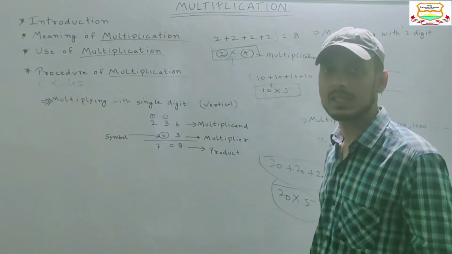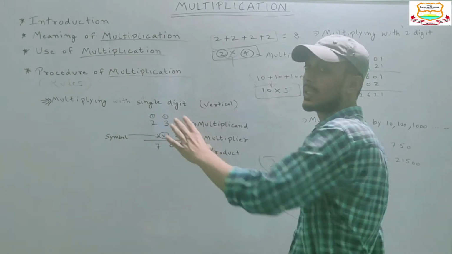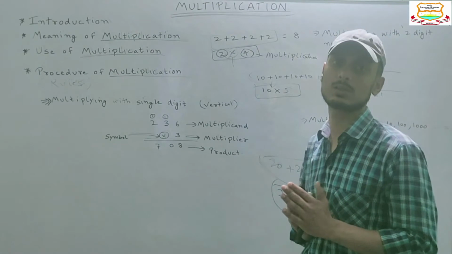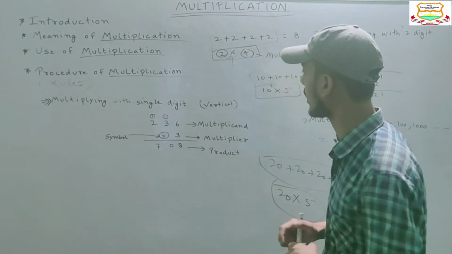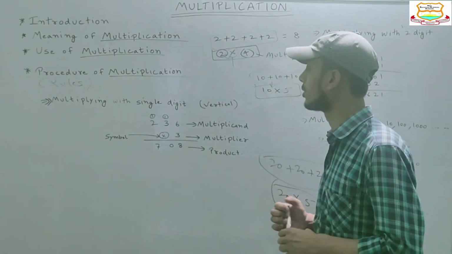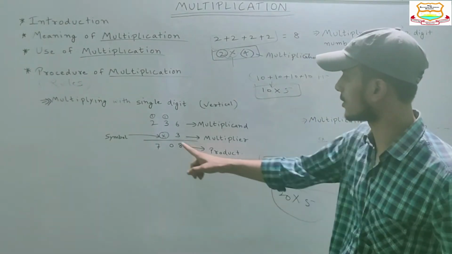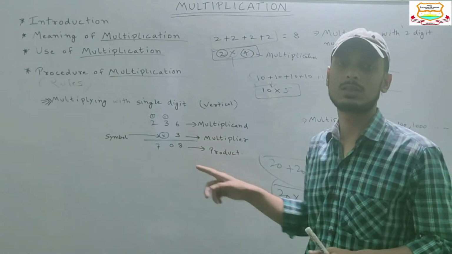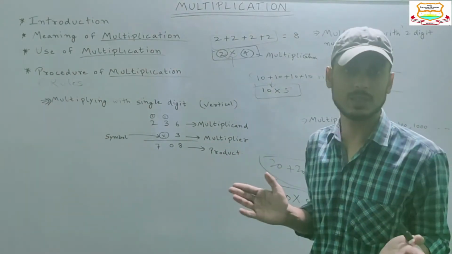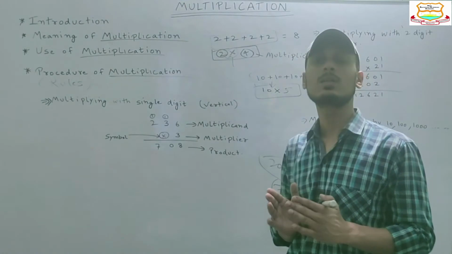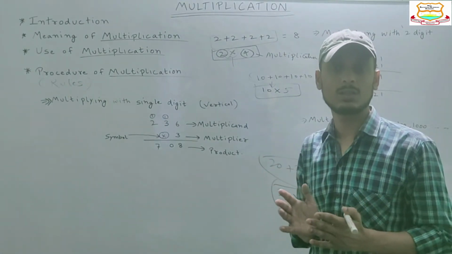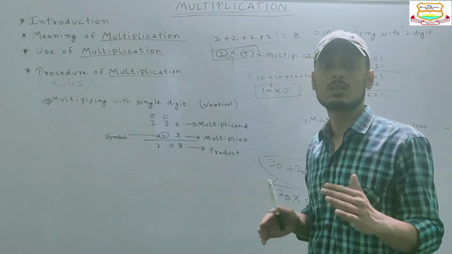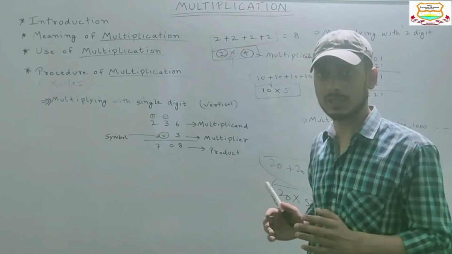Now let me explain how this multiplication has been done, meaning what rules are to be followed while multiplying two numbers. Okay, let us see. This is called vertical multiplication. There are many types of multiplication, meaning there are many arrangements, or configurations, that we can use for the numbers while multiplying.